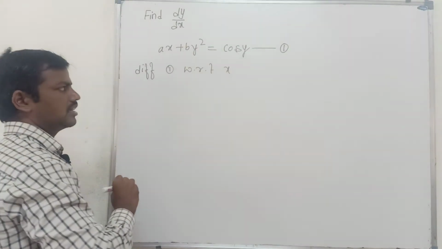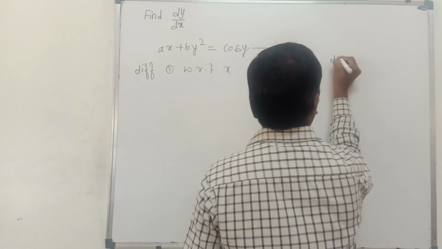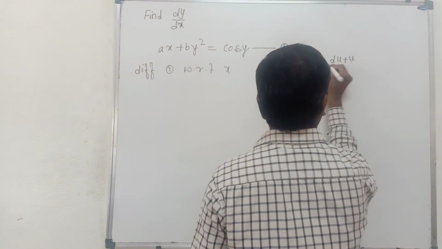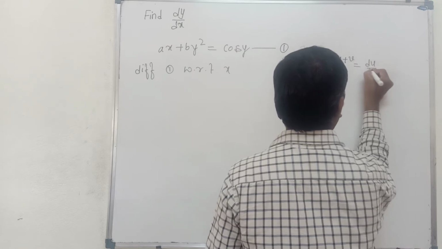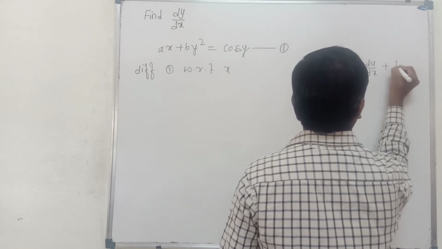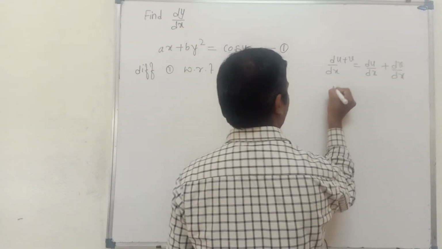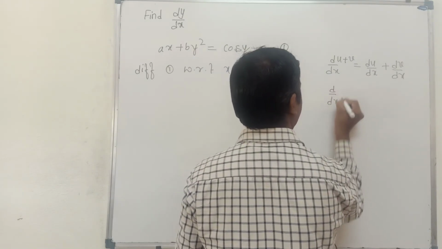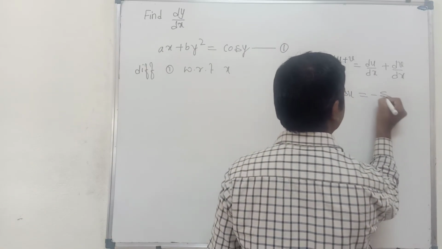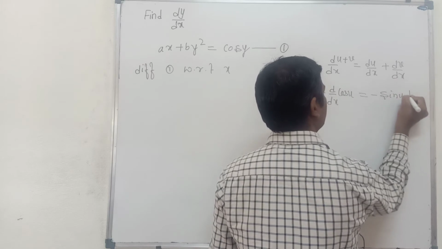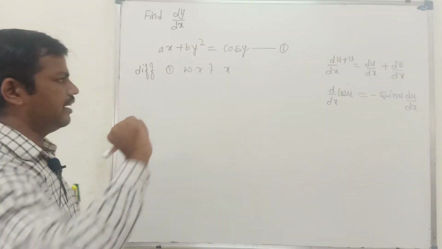Differentiate with respect to x. We have to use the same sum rule here: the derivative of u plus v with respect to x is du by dx plus dv by dx. Next, you know the composite rule: the derivative of cos u is minus sin u into du by dx.